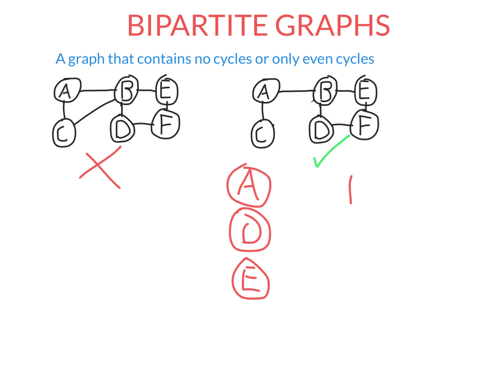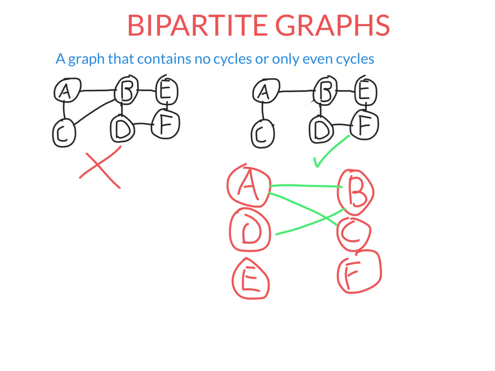And of course, the other set will be B, C, and F. They are not connected either. So A is adjacent to B and C, D is adjacent to B and F, and E is adjacent to B and F also. So these are what bipartite graphs look like.